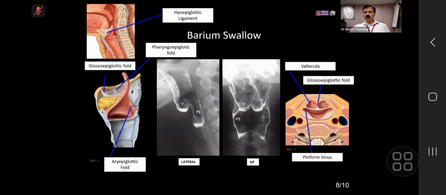Take home point, vallecula are anteriorly placed, piriform sinus is posteriorly placed, and piriform sinus ultimately is in continuity with the esophagus. And this is how it projects on a lateral, and this is how it projects on an AP film. Anatomy of the larynx I will teach you in the head and neck module.